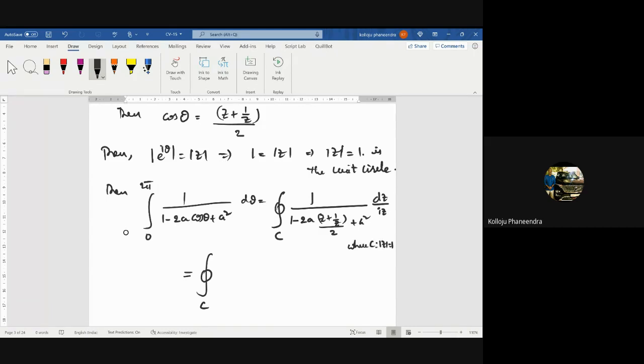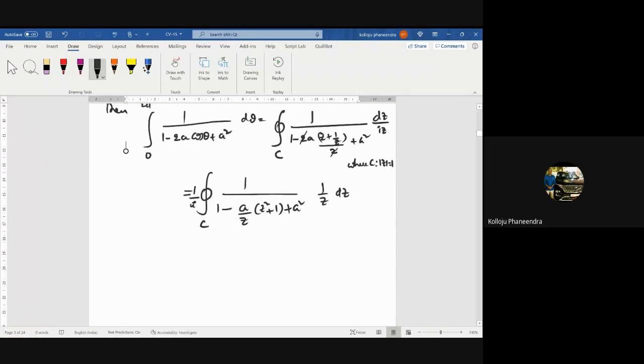Now if I simplify this, the 2 gets cancelled. The 1 by i I write outside, it is a constant. Then 1 minus a by z into z square plus 1, I am taking z LCM here, plus a square, 1 by z dz.